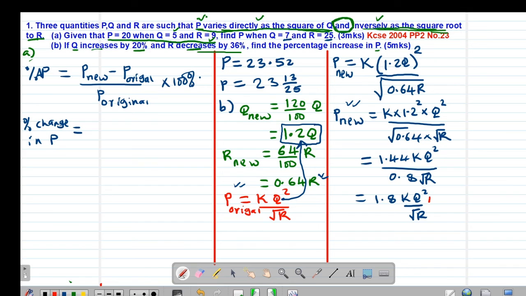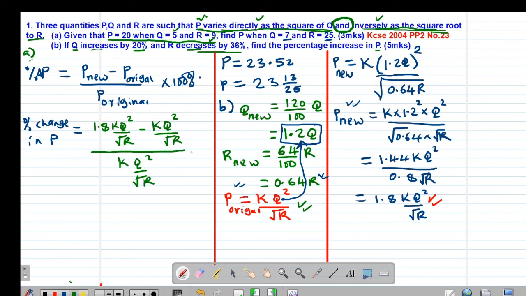So this is our new value of P, which is actually 1.8 kq squared divided by the square root of r, then minus the original value of P, it was this one here, kq squared divided by the square root of r, then divided by the original value of P, which was still the same, kq squared divided by the square root of r, then the whole thing of course multiplied by 100%.